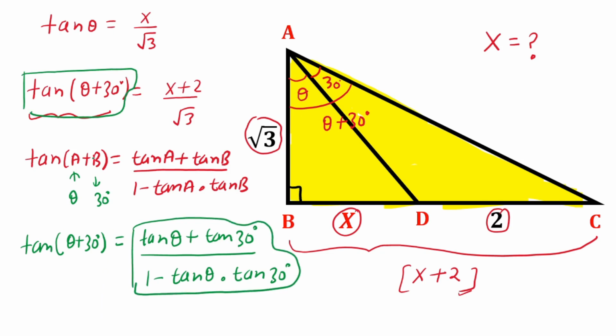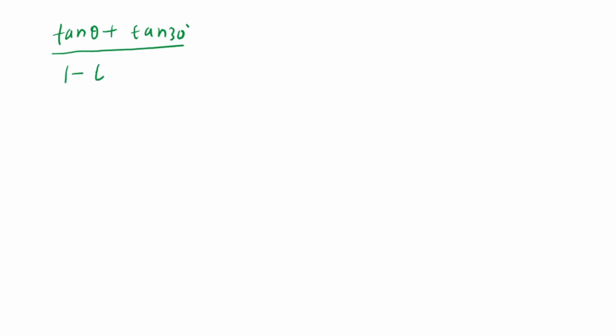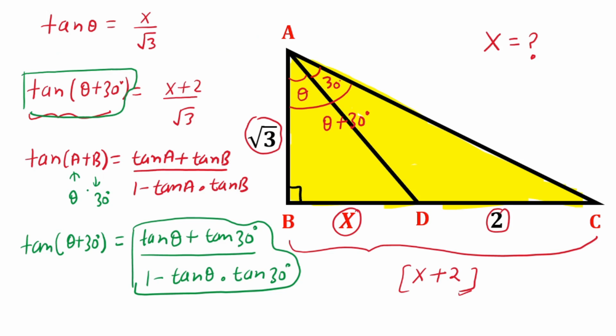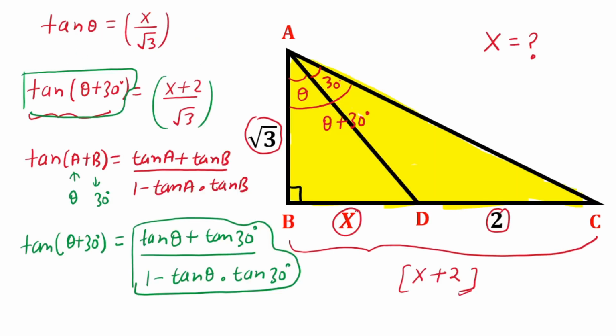Now on the left hand side, tan theta plus tan 30, divided by 1 minus tan theta times tan 30, equals, on the right hand side, x plus 2 over square root of 3. The value of tan theta is x over square root of 3.